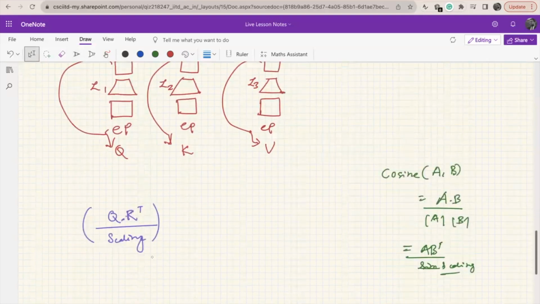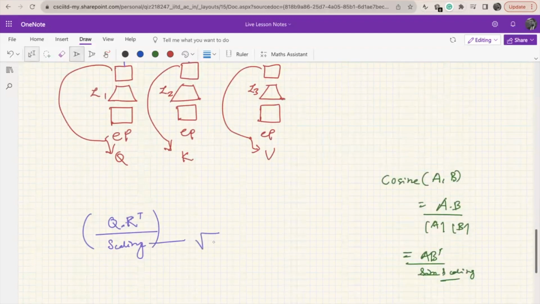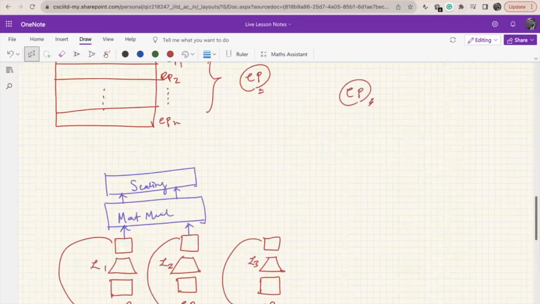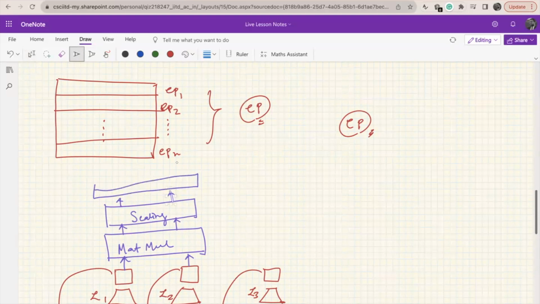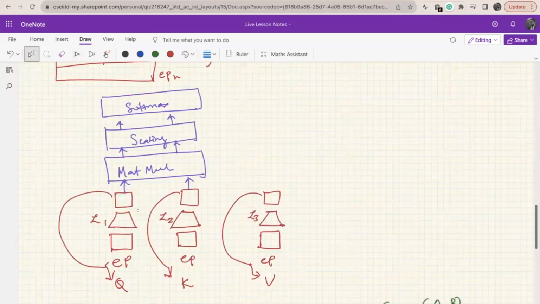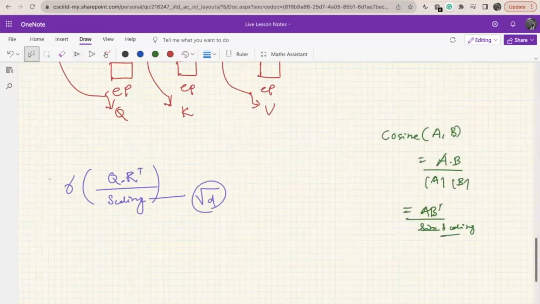Scaling is equal to dividing by the root of the dimension, d_k, and at last you apply softmax.